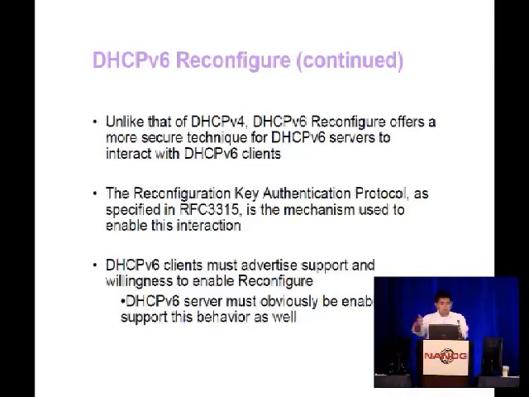Instead, you give them an extended lease, and you use DHCPv6 reconfigure whenever you wish to effect some sort of change. This reconfigure will ultimately cause a renewal or rebind, which would then, as part of DHCPv6, cause the node to update or refresh its parameters.